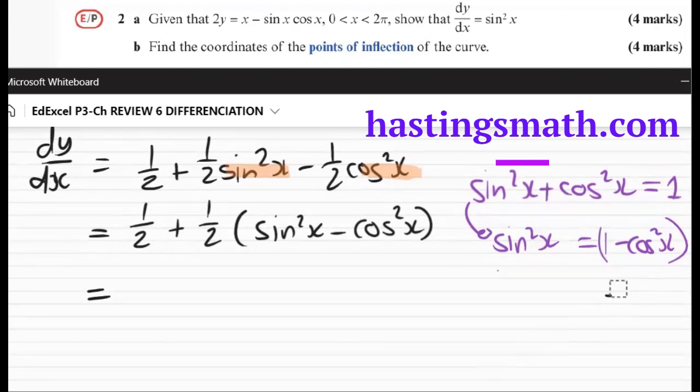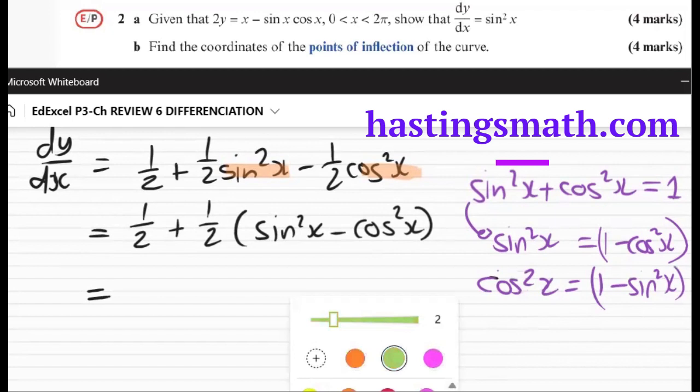Okay. So cos squared x is equal to 1 minus sine squared x. Okay, so I am just detouring slightly off the mark scheme here. I'm going to switch this for the cos squared x over there and just see what happens.